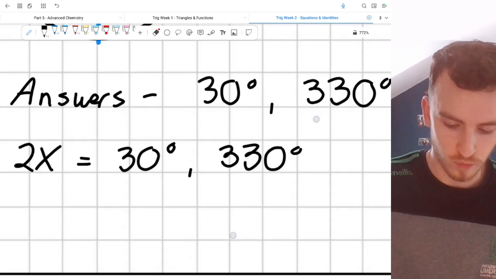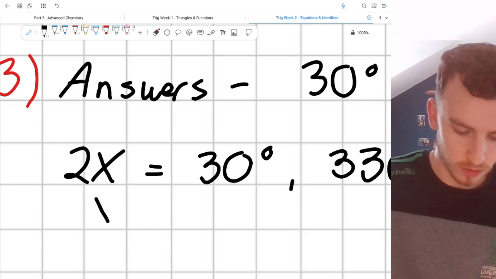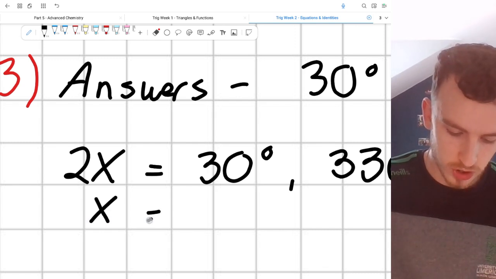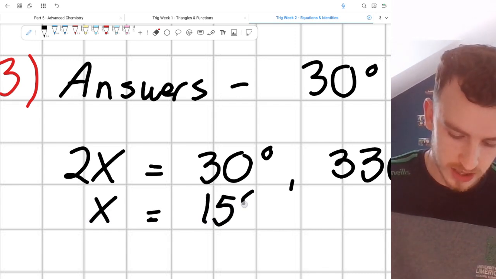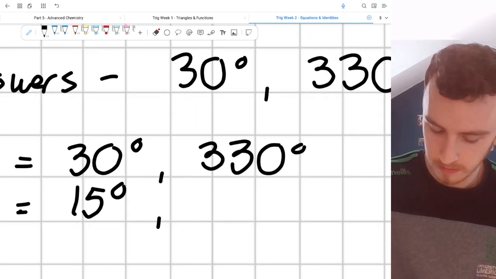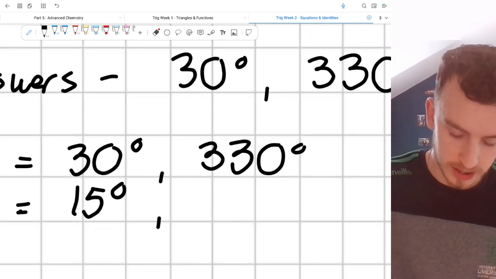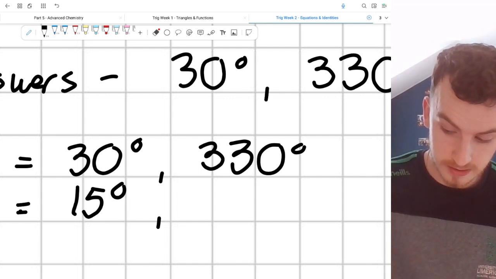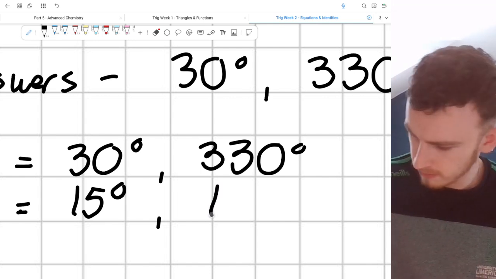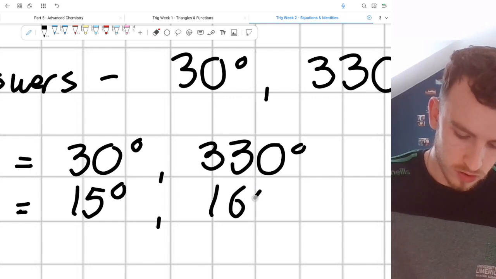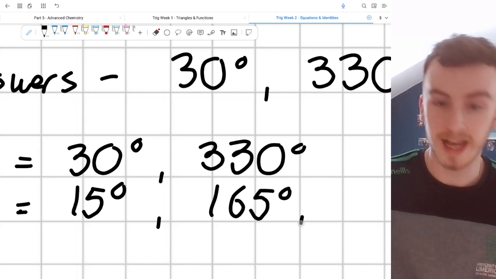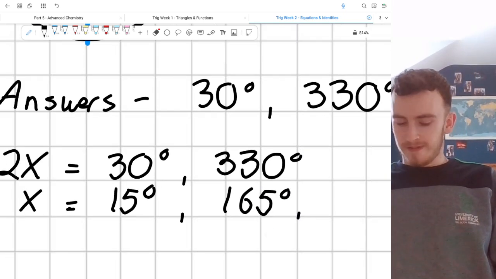So if we want to get x, we're just going to divide by 2. So we'll get 15 degrees, and we'll get 165 degrees.